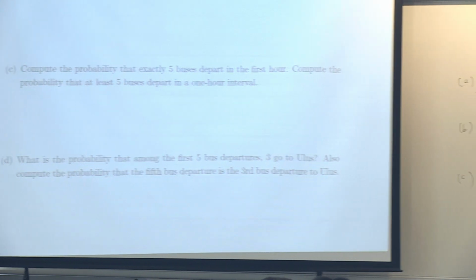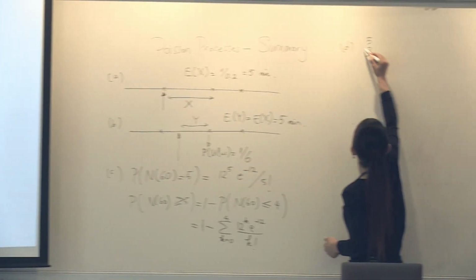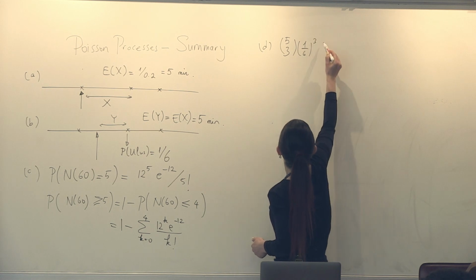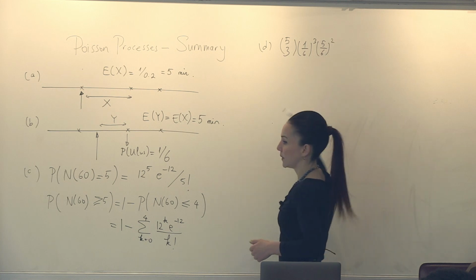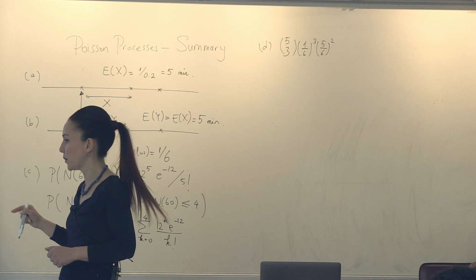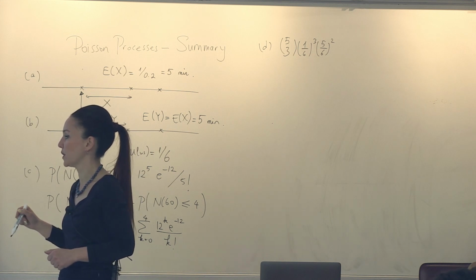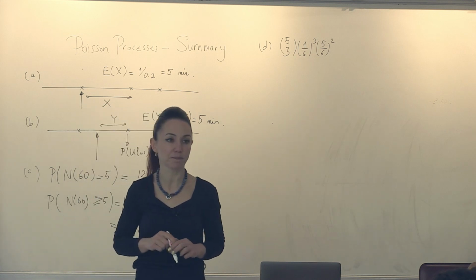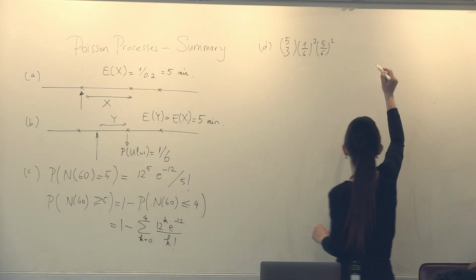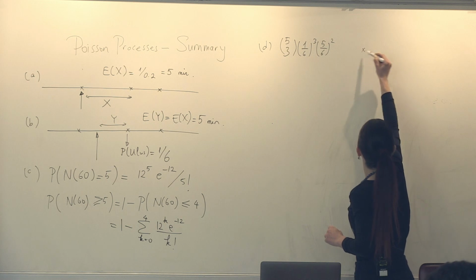Right, so 5 choose 3, 1 over 6 to the 3, 5 over 6 to the 2. Also compute the probability that the 5th bus departure is the 3rd bus departure to Ulus. Now that's different. What do you do in that case? So you look at the bus departures.